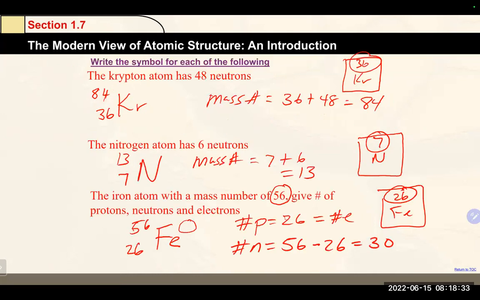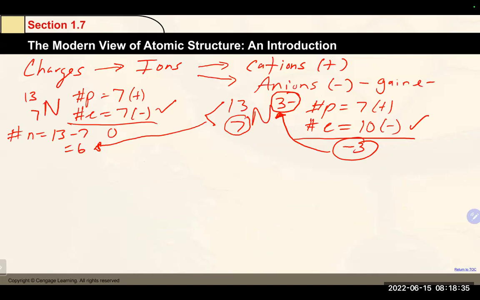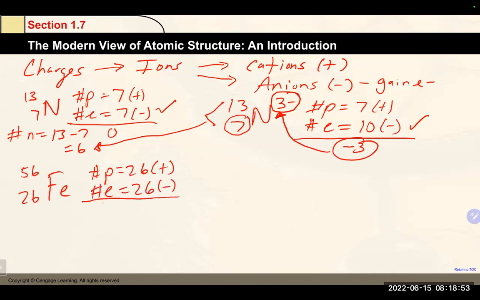Now, if I had, we'll do the iron there, which was iron 56. Once again, with no charge, like we saw in the previous example, our iron had 26 protons. And again, it had an equal number of negatively charged electrons, which gave us no charge. Once again, the number of neutrons was 56 minus 26, which was 30.